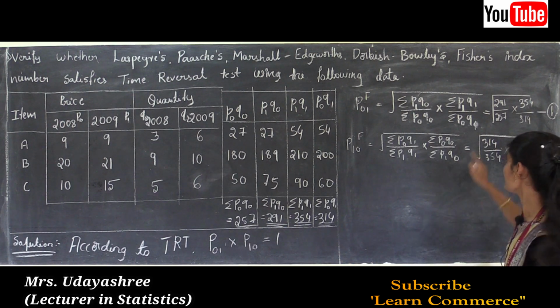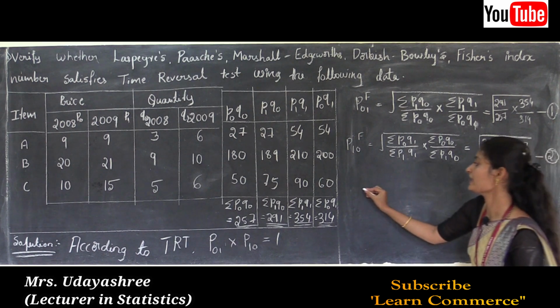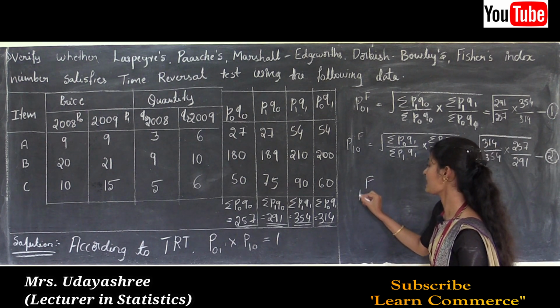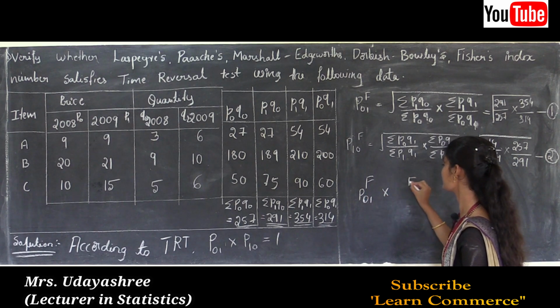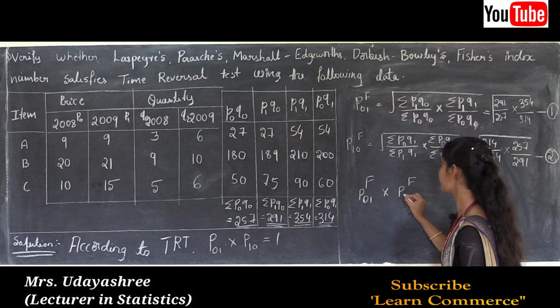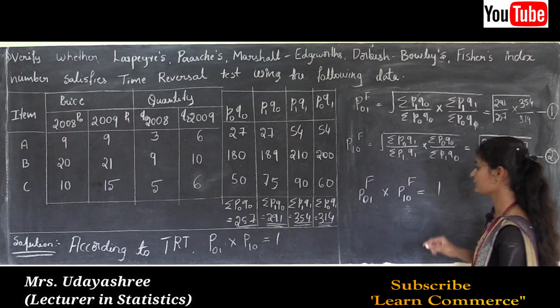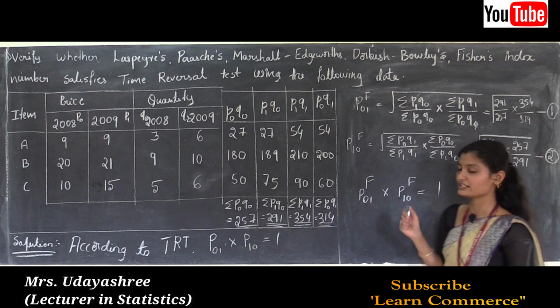From equation 1 and equation 2, the condition is Fisher's price index number into Fisher's reversed price index number is equal to 1. I will substitute these values under this condition.